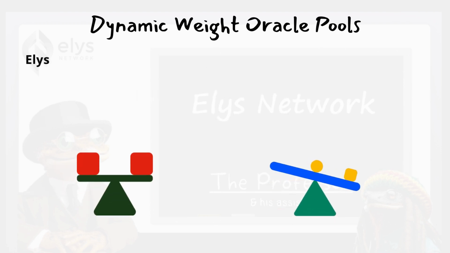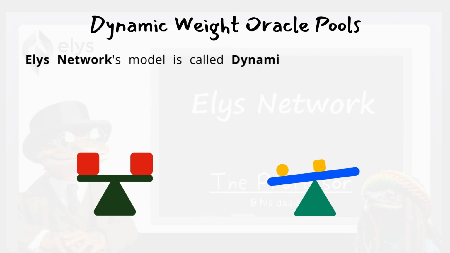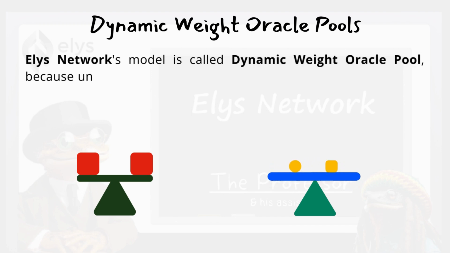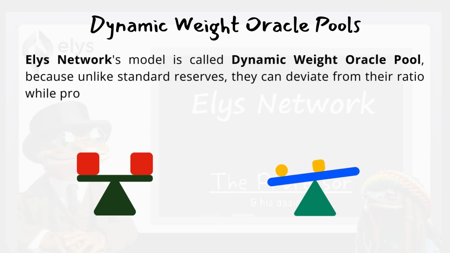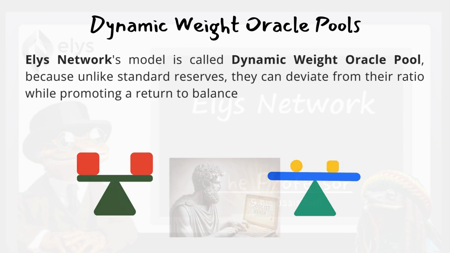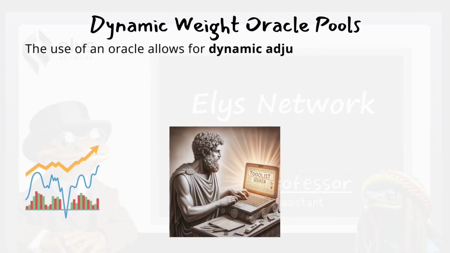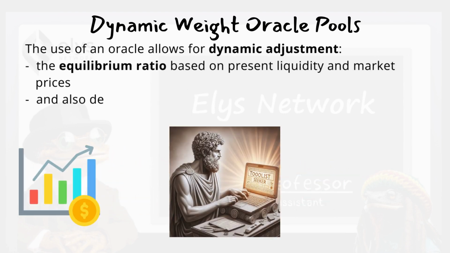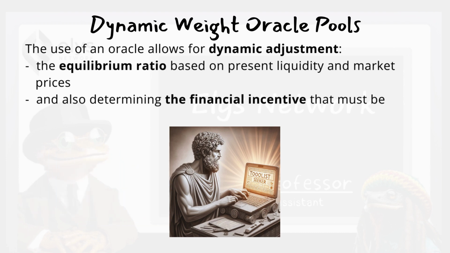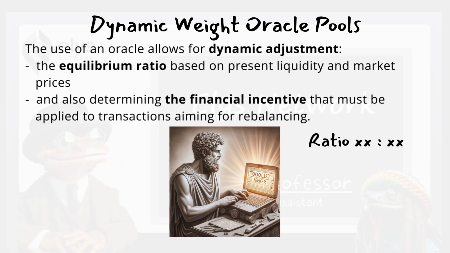Elys Network's model is called Dynamic Weight Oracle Pool because, unlike standard reserves, they can deviate from their ratio while promoting a return to balance. The use of an oracle allows for dynamic adjustment of the equilibrium ratio based on present liquidity and market prices, and also determining the financial incentive that must be applied to transactions aiming for rebalancing.